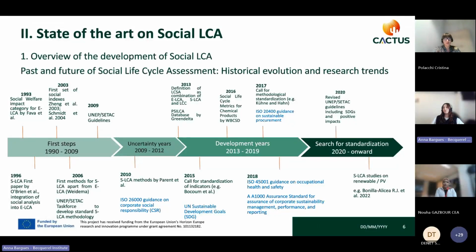At first, we have the first steps from 1990 to the early 2000s. Then it changed because of the UNEP first guidelines in 2009, that brought some structure to the methodology.